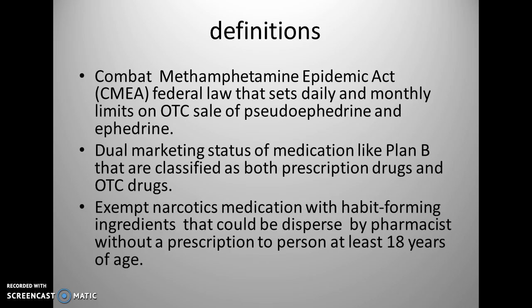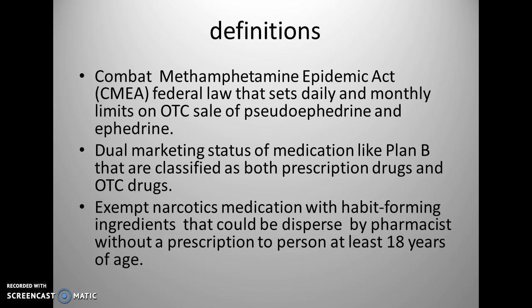All right, here are certain definitions that you should be familiar with. The Combat Methamphetamine Epidemic Act is a law which limits the sales of pseudoephedrine and ephedrine. Dual marketing status, like Plan B, means having both prescription drug and OTC drug status.